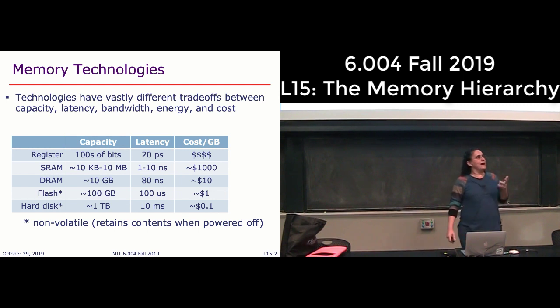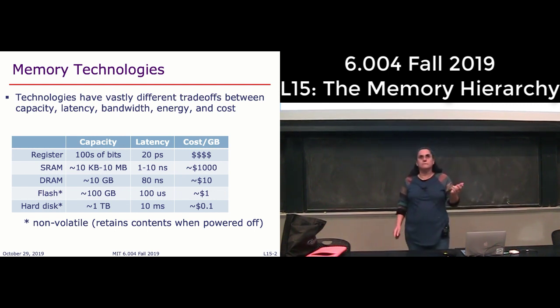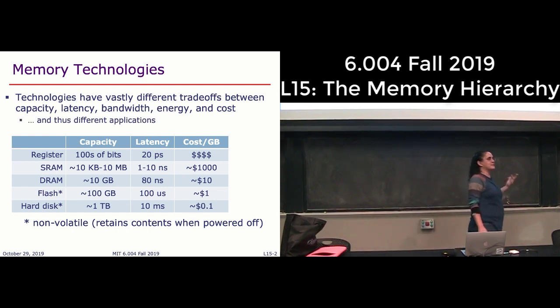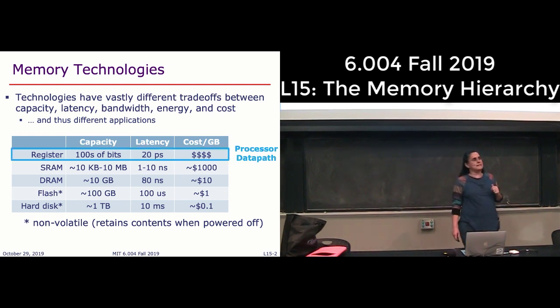All right, so we've got all of these different types of technologies, and we want to think about how we use them together. The first key insight is to realize that the different technologies are good for different applications, and so we're going to use them that way. The first way we've used them, as we've seen, is to put registers in our data path.